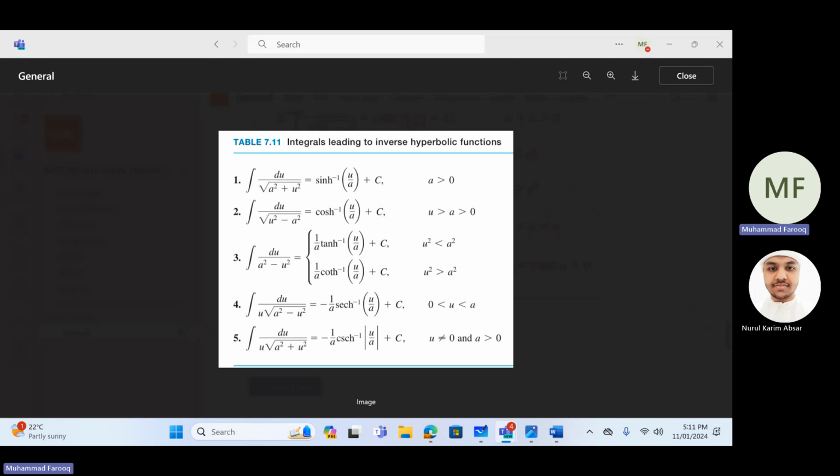So we check in which case: in the third case, when you have constant squared minus function squared, it has 2 answers, meaning 2 options. Then we check the condition. If this condition is true, the answer is tangent inverse hyperbolic. If this one is true, the answer is cotangent inverse hyperbolic. The others have only one answer.